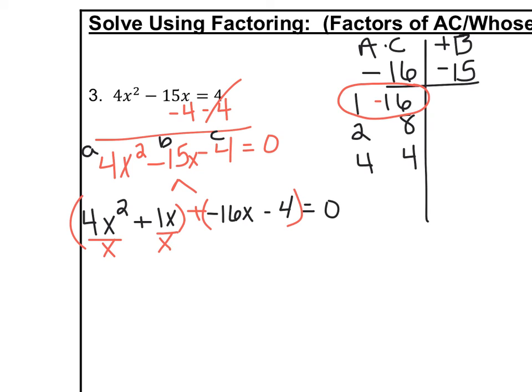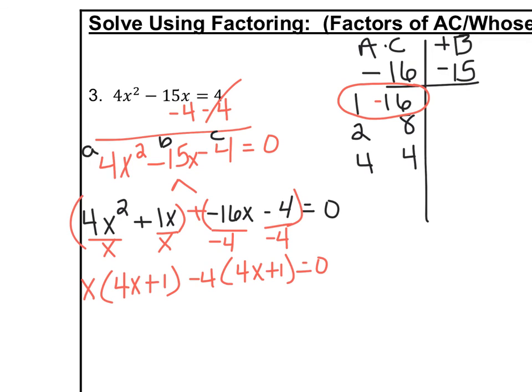I can divide by x. The second one, it is a 4, but because I want that negative 16, I'm turning it to negative 4. If my parentheses are the same, then I'm pretty sure I did things correctly.